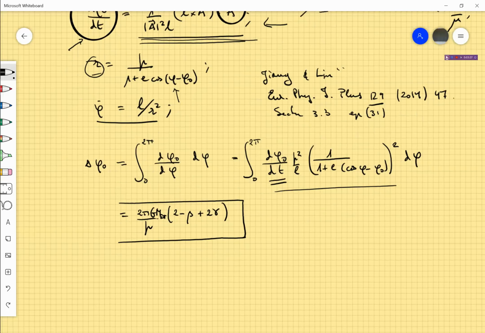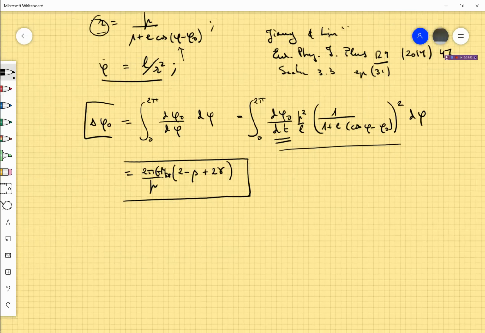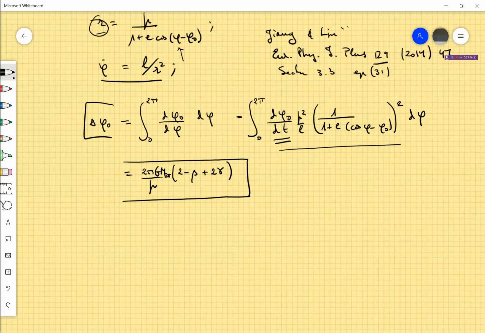Okay, so this is the formula we were after, and this is a general formula for the precession of the perihelion per revolution in any of these theories, in the approximation in which the star, the planet, or whatever produces the field can be treated as a point. Okay, and you just have to replace the values of beta and gamma.